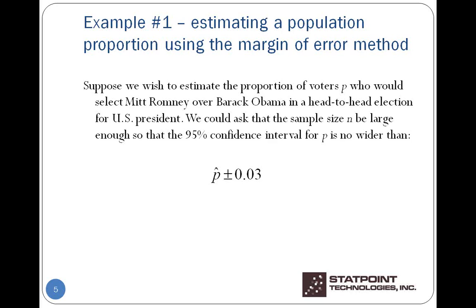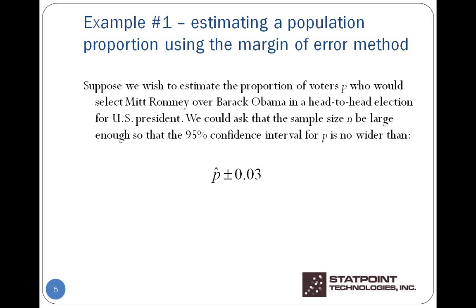Suppose we want to estimate the proportion of voters in the United States who would select Mitt Romney, who's one of the Republican candidates for president at the moment, over Barack Obama if there were a head-to-head election for the president today. Okay? Pollsters love to go out and ask a sample of people, who would you vote for if the election were held today?